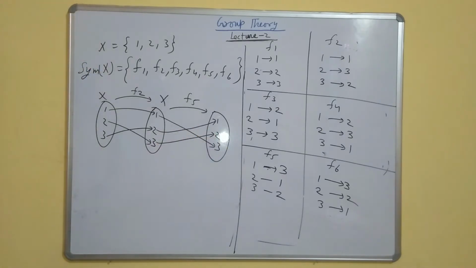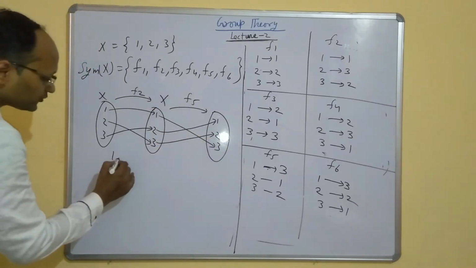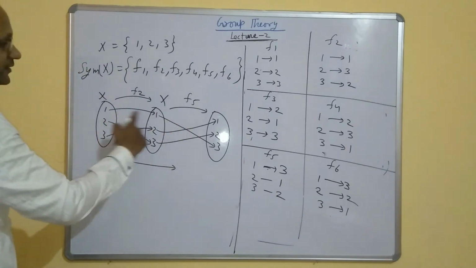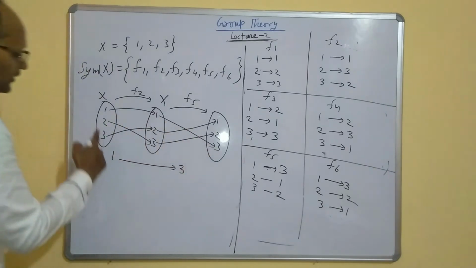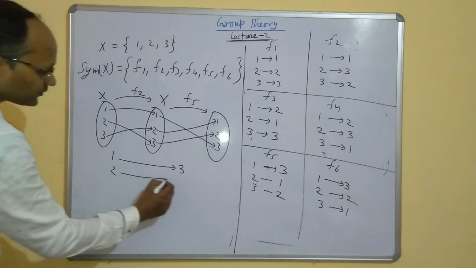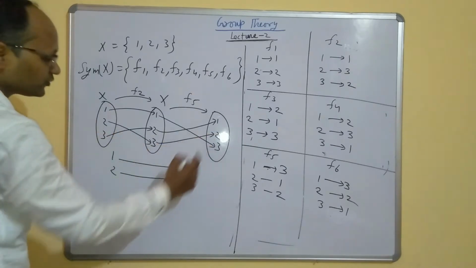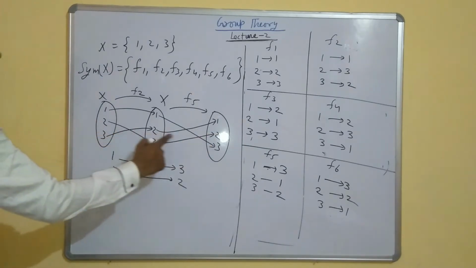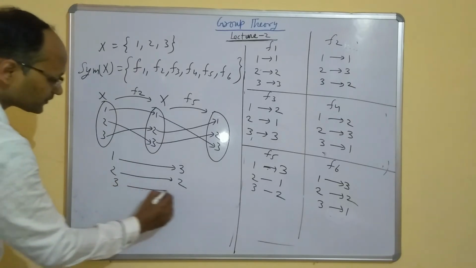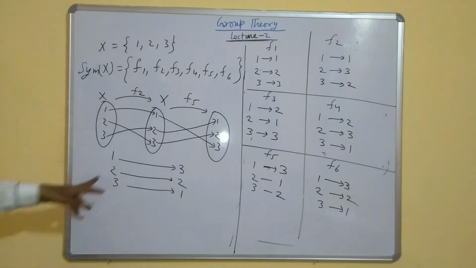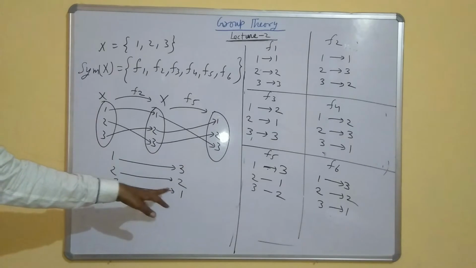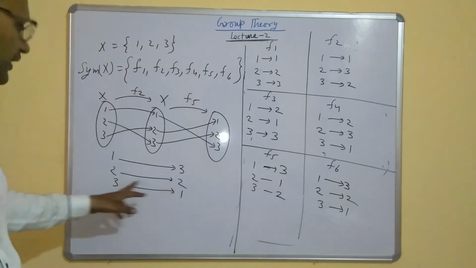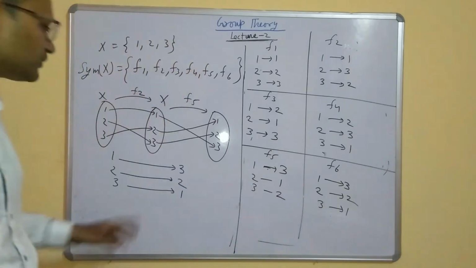So it means finally this 1 is going to which element? 3, and this 2 is going to which element? 2, and this 3 is going to 1. So 1 is going to 3, 2 is going to 2 and 3 is going to 1.